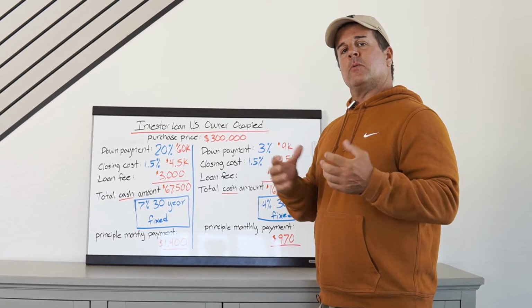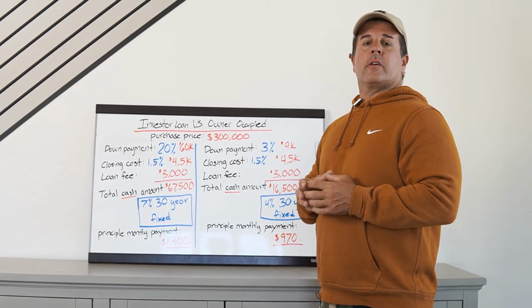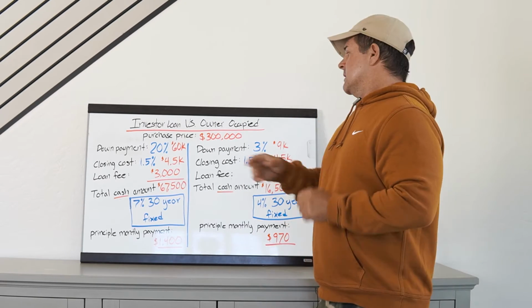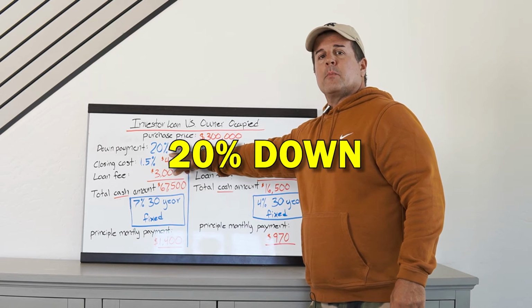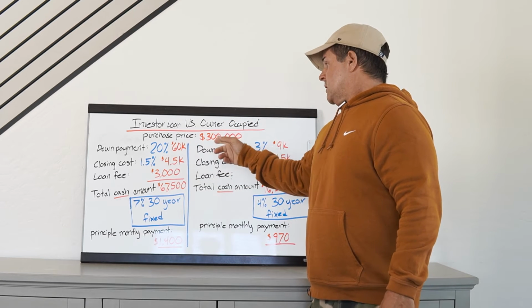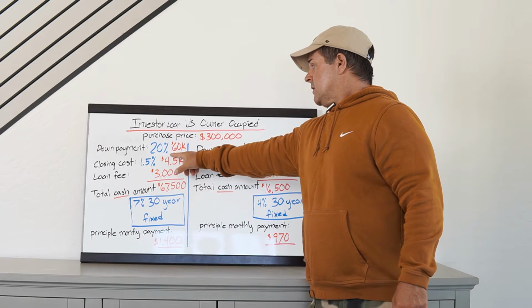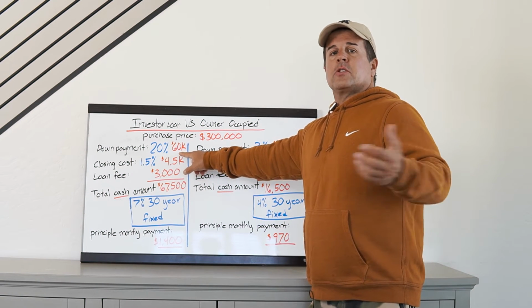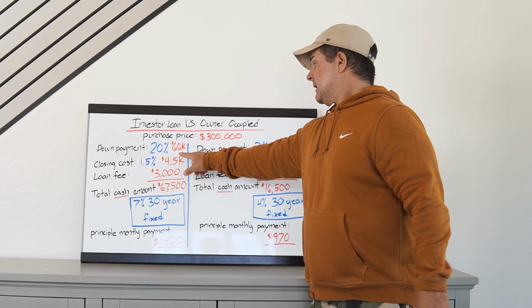That's why you have to come in with more skin in the game, as they call it, more of a down payment. So your typical investment loan, guys, is 20% of the purchase price. So this one, it was a $300,000 house. You're at 20%, $60,000 from your savings, checking, wherever you have that kind of cash.